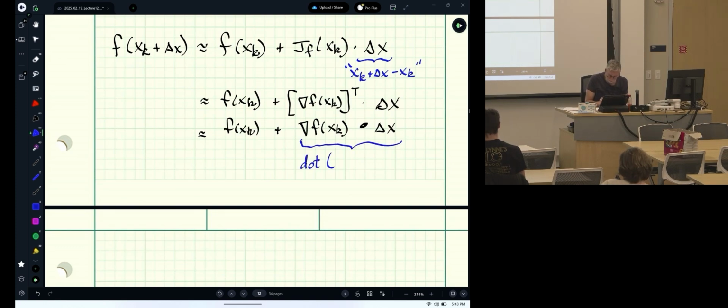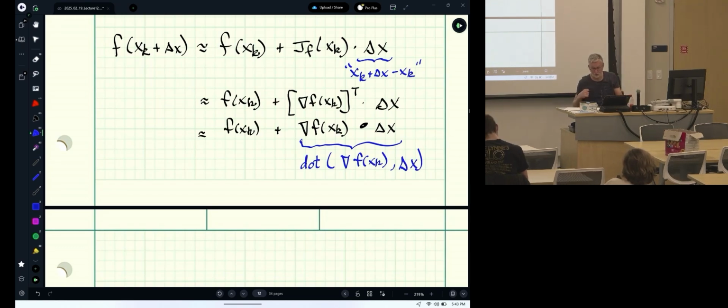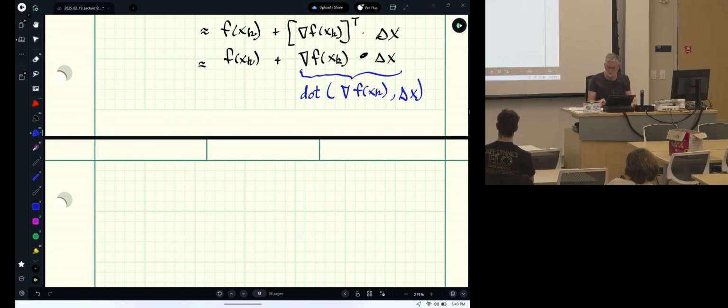So just to make it super clear, it's the dot product of the gradient with delta x. We're trying to find delta x. We want this dot product to be negative if we're trying to find a delta that makes f of xk plus delta x smaller. We need it to be negative, okay? We want that dot product to be negative.